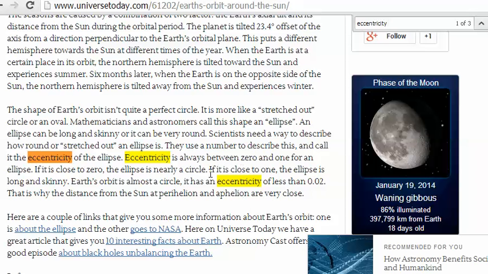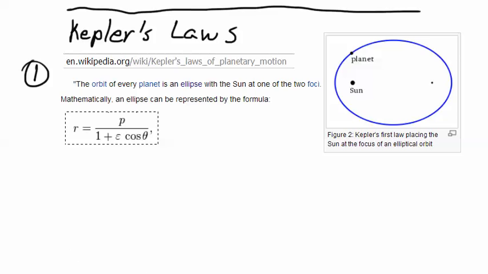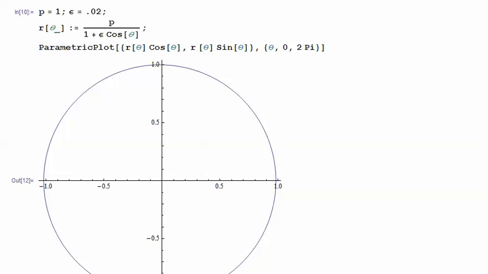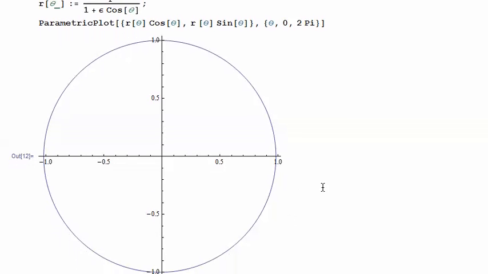A little search on the web to find out what the eccentricity of the Earth's orbit is says less than 0.02. So let's see what an eccentricity of 0.02 looks like. We get pretty much what looks like a perfect circle.